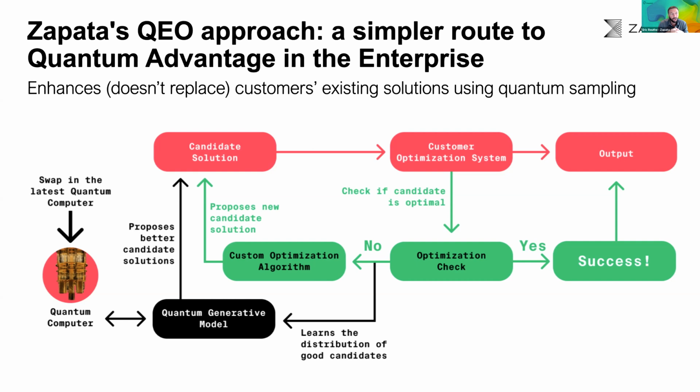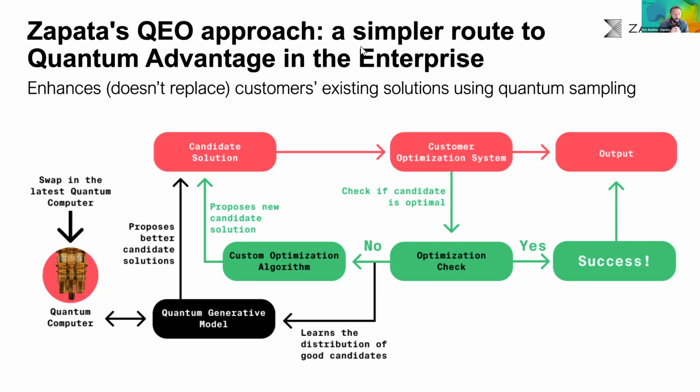And the one advantage that this has is that we are essentially injecting new candidates into existing solvers. So it's less disruptive than it would be building a new system from scratch. And it really does act as a booster in this case.